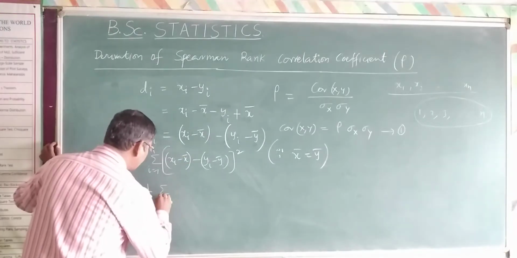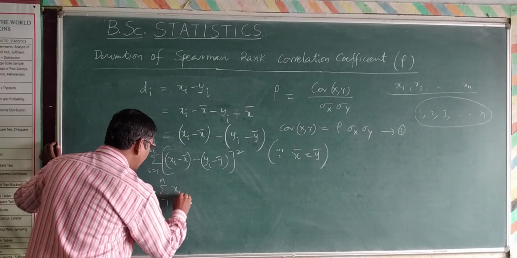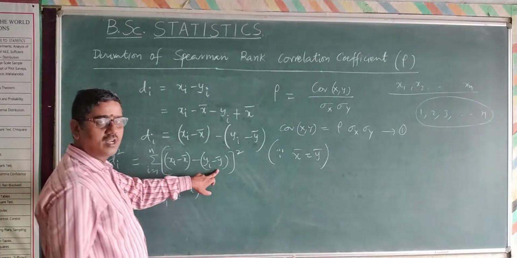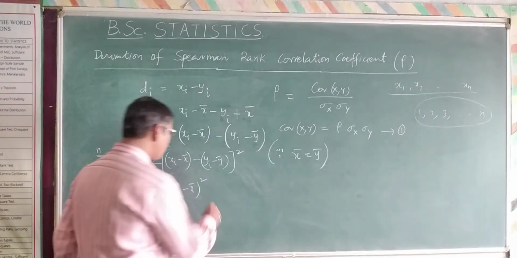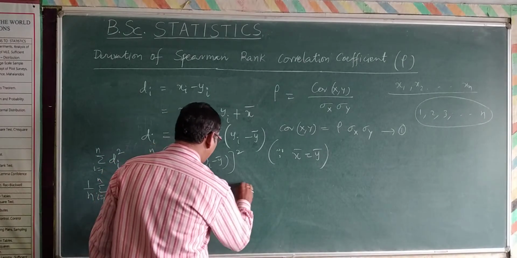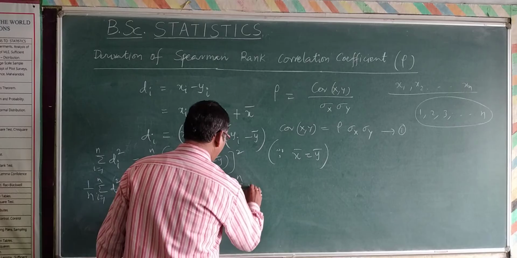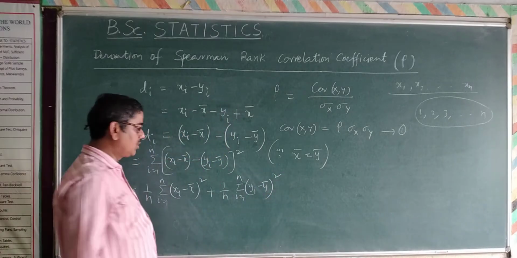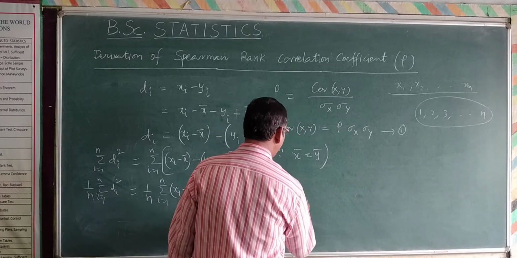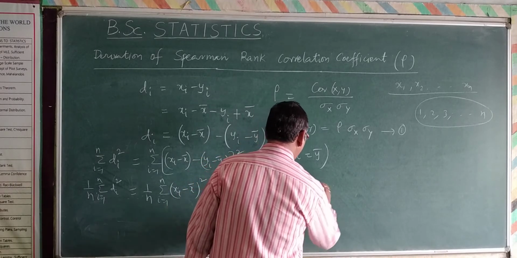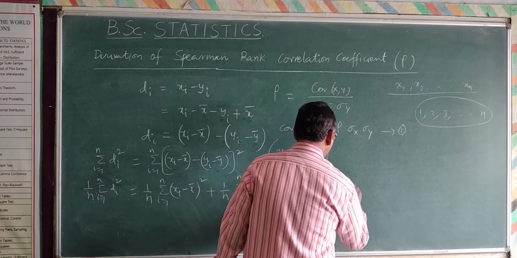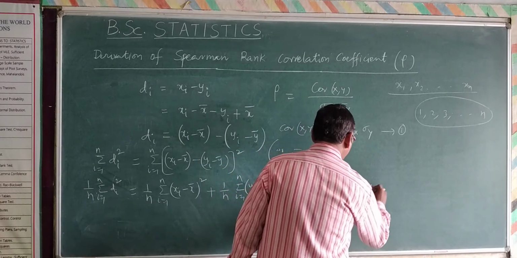So 1 by n summation i is equal to 1 to n xi minus x bar whole square, that is the first term, a square. Next you consider yi minus y bar, b square, plus 1 by n into summation i is equal to 1 to n yi minus y bar whole square. Next term, minus 2ab term: 2 into 1 by n into summation i is equal to 1 to n xi minus x bar into yi minus y bar.